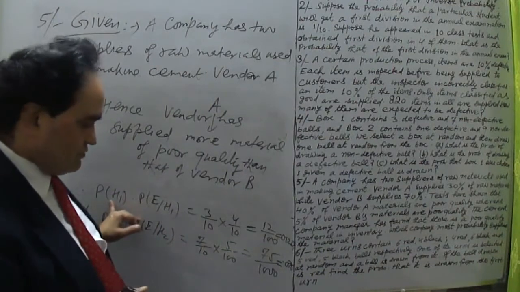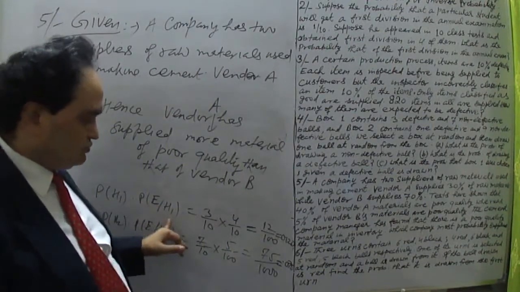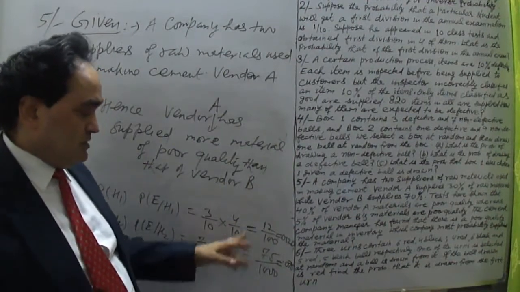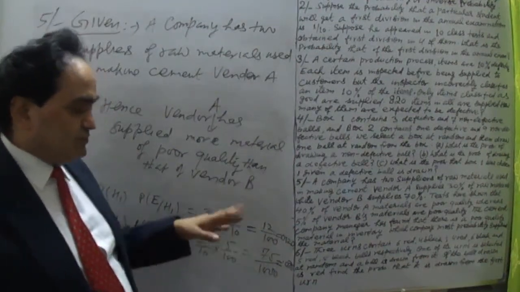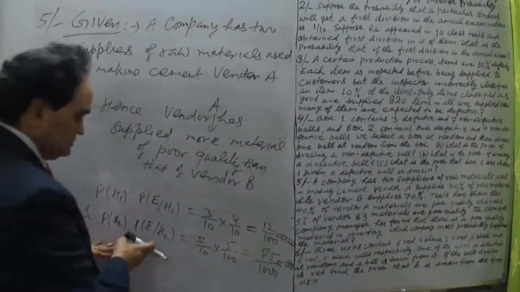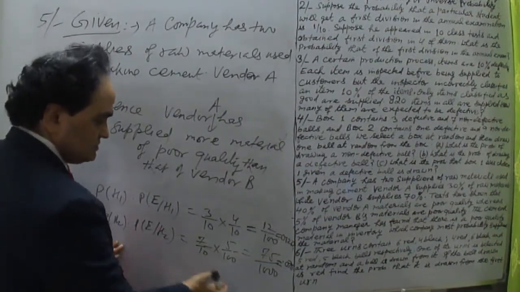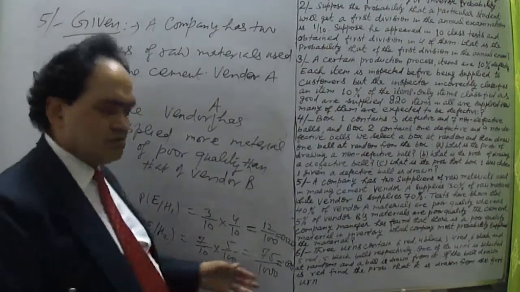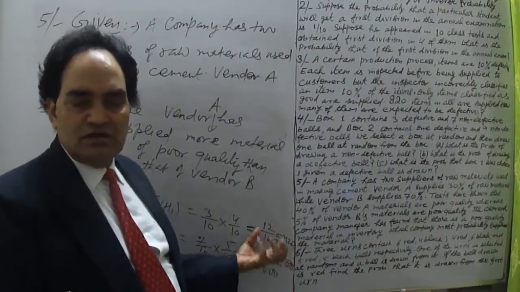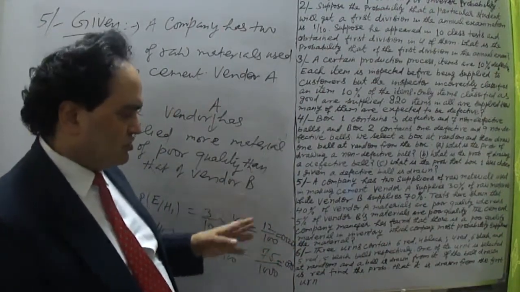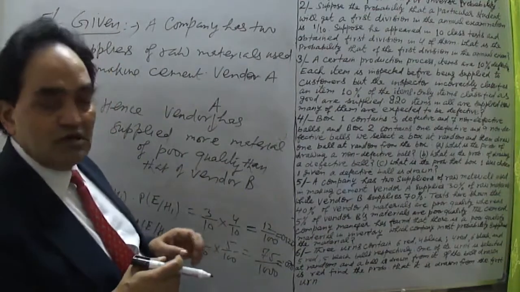In this way, probability of H1 into probability of E by H1 is 3 upon 10 into 4 upon 10. That means 12 upon 100, which means 0.12, and the poor quality material supplied by the second vendor is percentage wise 0.075 only. Less poor quality material is supplied by B vendor, but more is this. We only have to compare them and find out the answer.